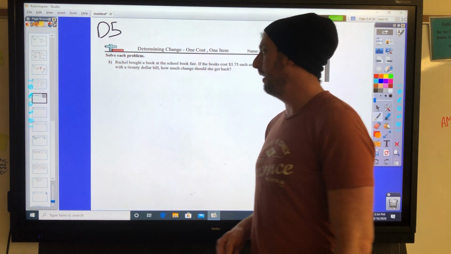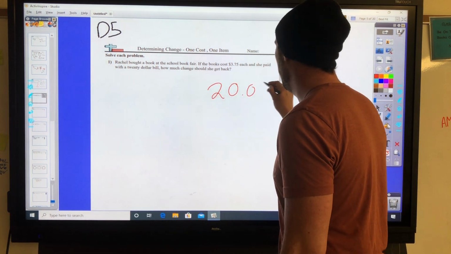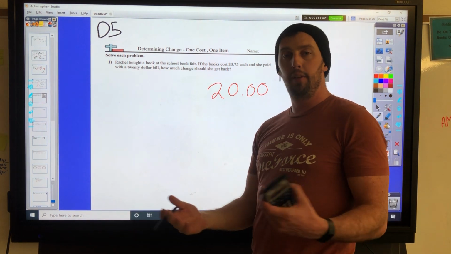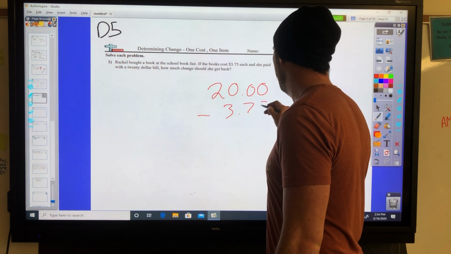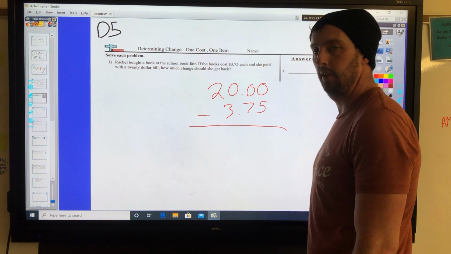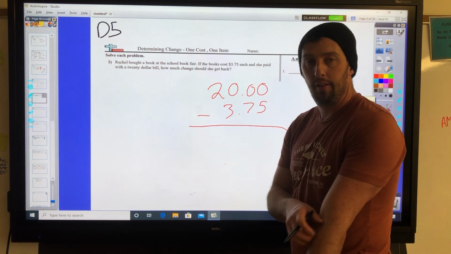So I take my $20 bill and go up to the cash register, and the lady rings up my book. My book costs $3.75. How much change should I get back? $20 minus $3.75.